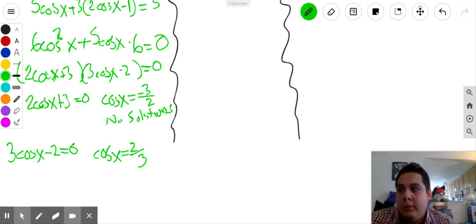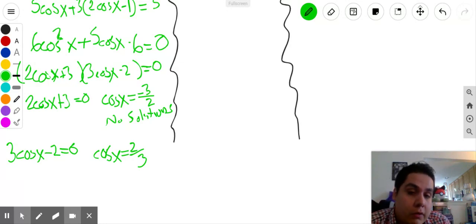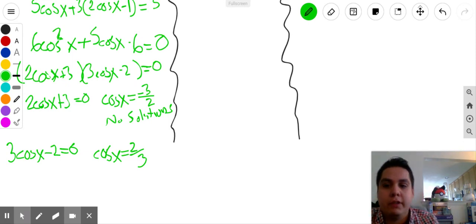And this is where I have to do some work because cosine of x can equal 2/3 because it falls within the range of negative 1 to positive 1. However, 2/3 is not one of the values from my unit circle. So this is where I'm going to use my arc cosine, the inverse cosine function.